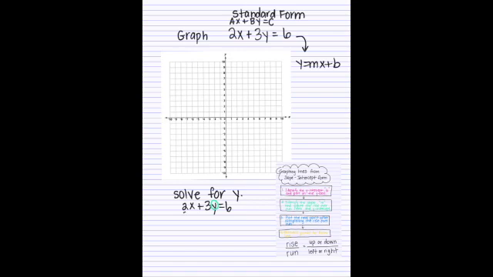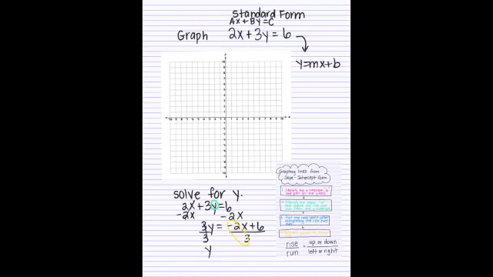And we're going to solve for y in order to get y by itself. All right, so we're going to do 2x, and we're going to subtract that on both sides. So that gives me 3y is equal to negative 2x plus 6. I put the x first just because the x comes first in the slope-intercept form. I'm going to divide by 3. And at that point, I want to simplify. I'm going to make this as easy as possible when I go to graph.